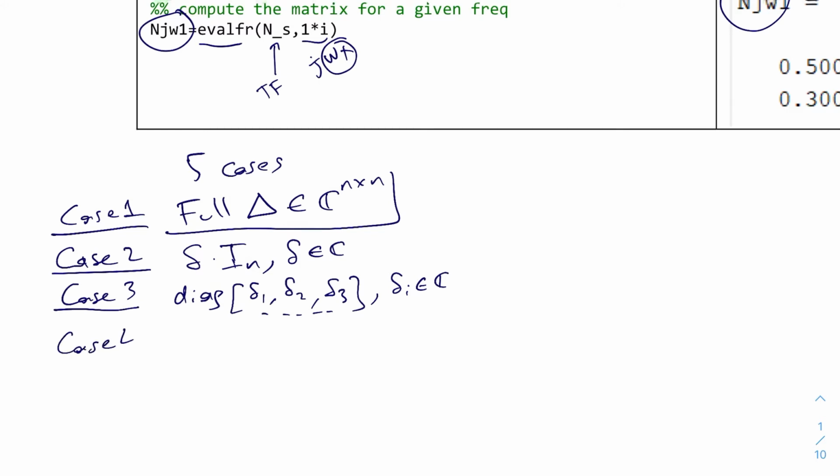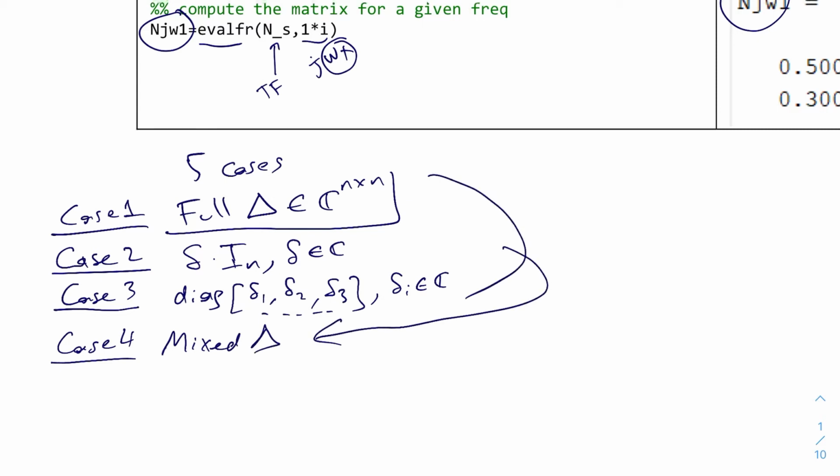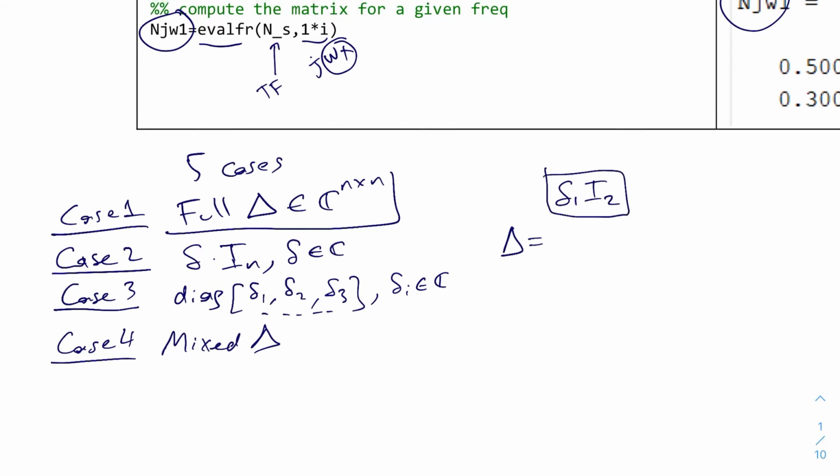And we have case 4, the mixed delta, where we have a mixture of these 3 cases. What do we mean by that? For example, delta might have the form delta 1 times a repeating diagonal, and delta 2 and delta 3, for example.